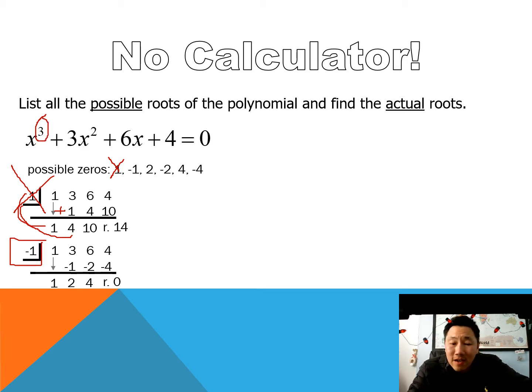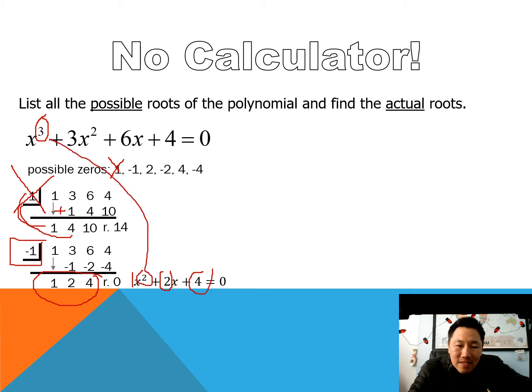All right, so to find the other 2, you take these numbers right here, the 1, the 2, and the 4, and you make another polynomial. I know you can't see it, but there's a 1 here, there's the 2, and there's the 4. And remember, we always use the exponent that's 1 less than the highest degree in the original problem.